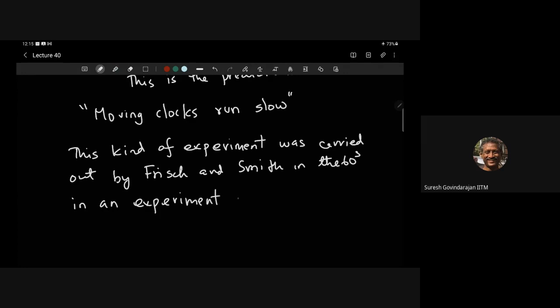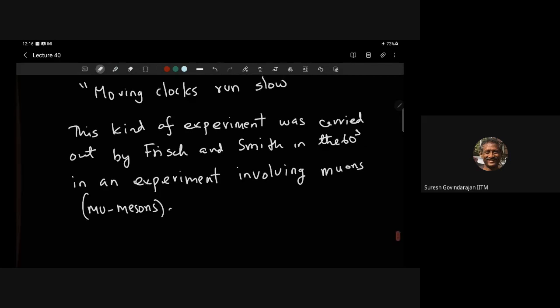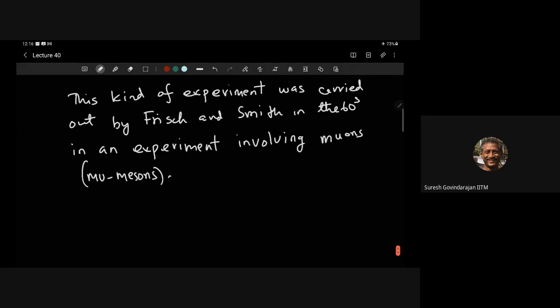It was an experiment involving subatomic particles called muons. They were called mu mesons in those days. The source of the muons is from cosmos. It's the cosmic flux.